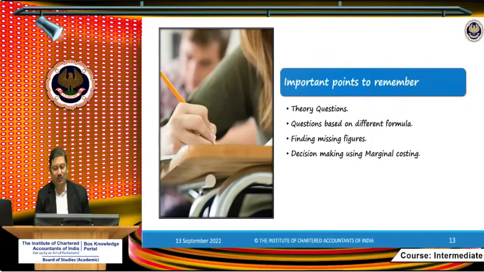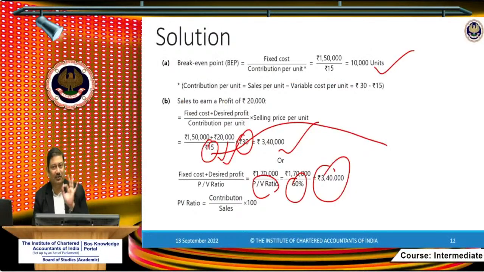So in this sort of question, try to calculate your contribution and your PV ratio. The rest of the figures will automatically be at your doorstep, like BOS is trying to reach your doorstep. This marginal costing will reach your doorstep once your concept is clear and you know exactly how the formulas have been derived.